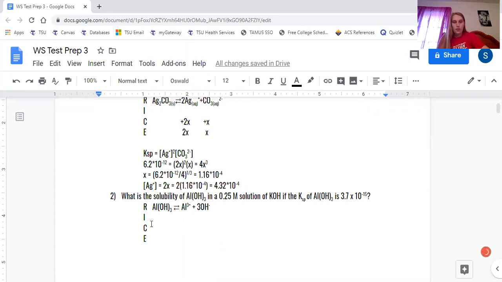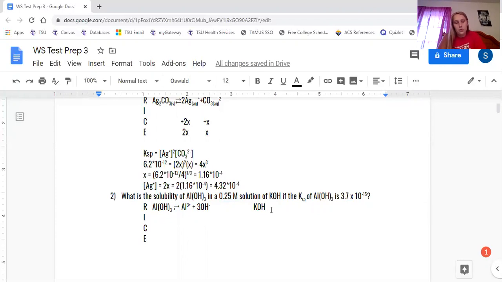So what do we know? Once more, this is going to be solid and these are going to be aqueous. So what's over here doesn't really matter because we're doing KSP. So for our aluminum hydroxide here, we have our initial that they gave us in a solution of this. So whenever you separate KOH out, it's also going to separate out into ions, correct?